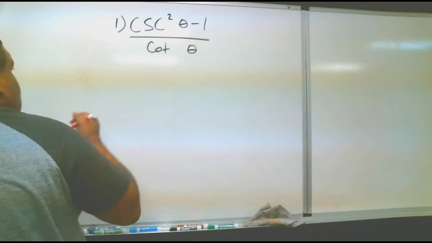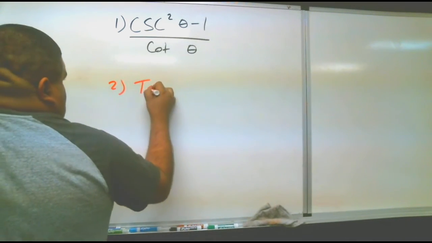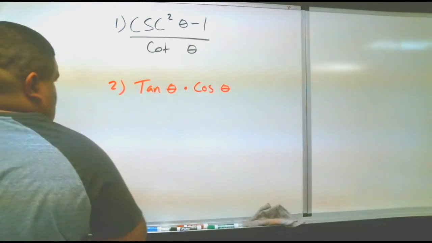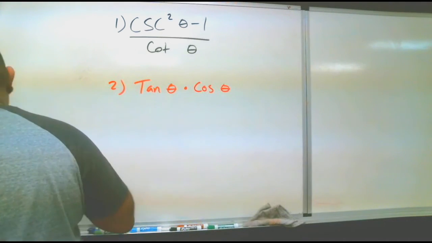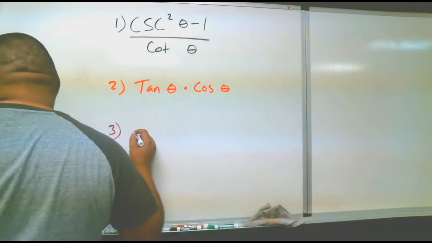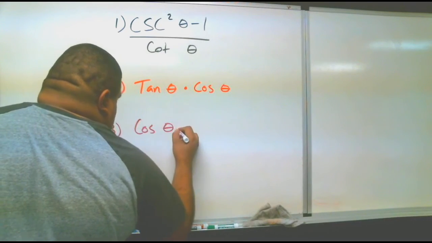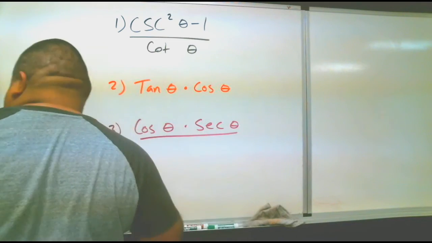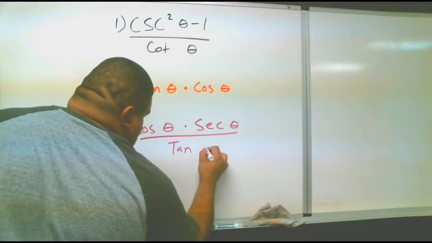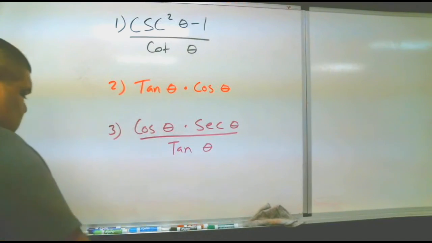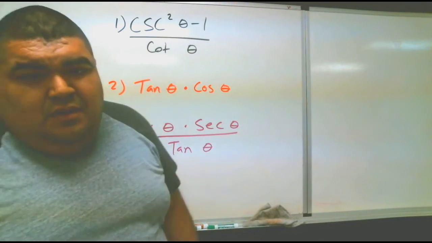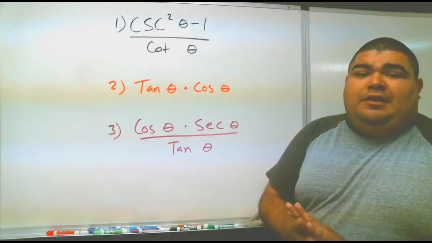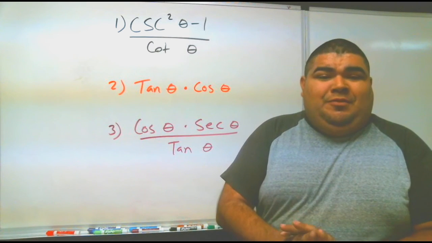Number 2 is tangent theta times cosine theta. And number 3, cosine theta times secant theta over tangent theta. Make sure you convert them as much as you can. Simplify, in other words.